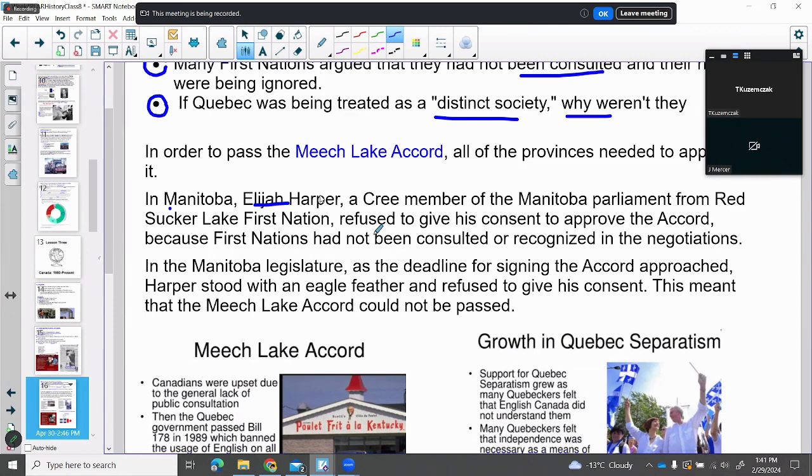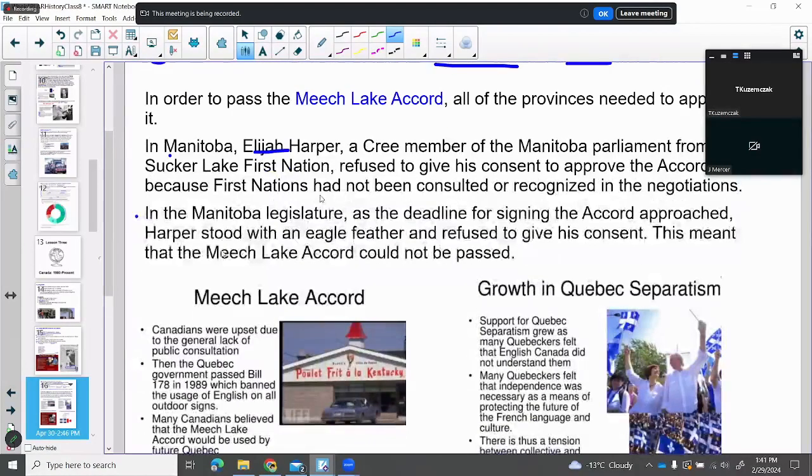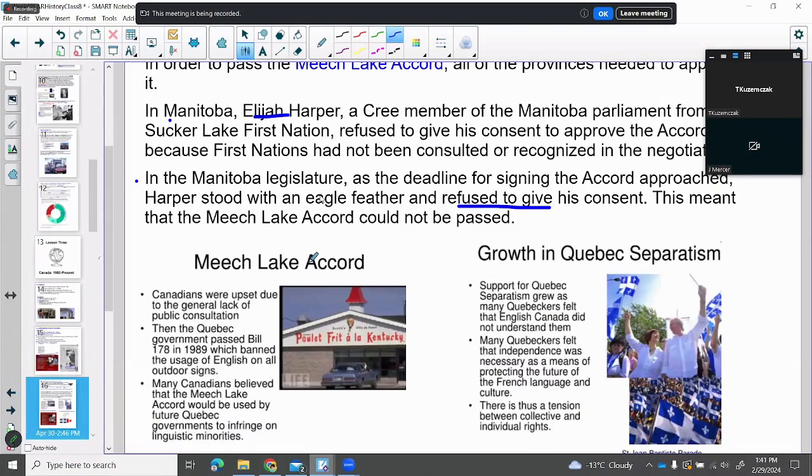He refused to give his consent to approve the accord because, again, First Nations had not been consulted or recognized in the negotiations. In the Manitoba legislature, the deadline for signing the accord approached. Harper stood with an eagle feather and refused to give his consent. So this meant that the Meech Lake Accord could not be passed.